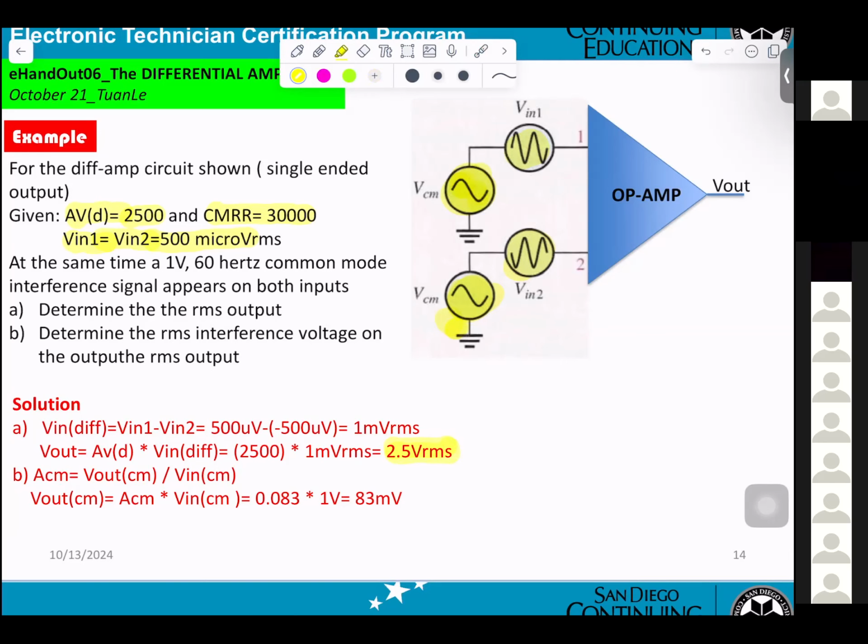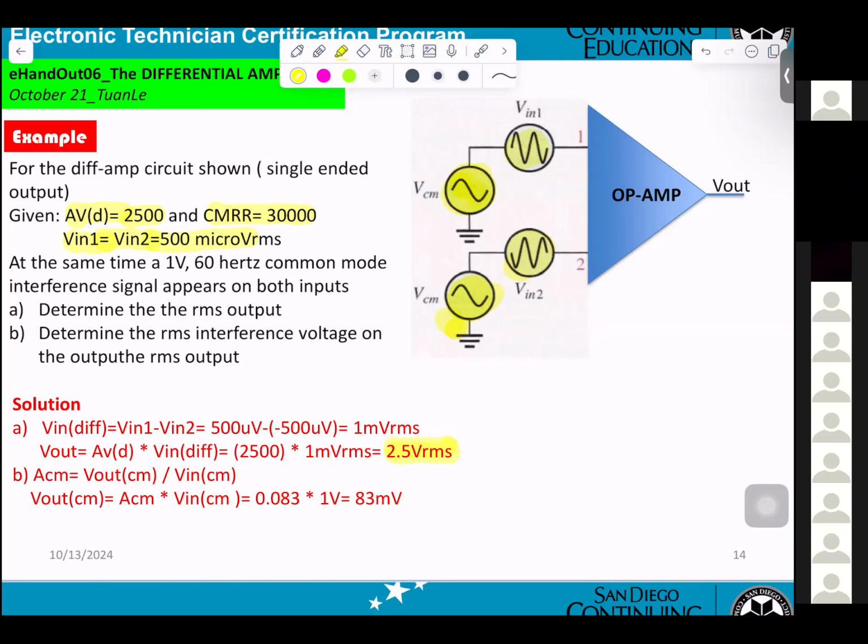And number B, determine the V RMS interference voltage on the RMS output. ACM equals V out CM divided by V in CM.